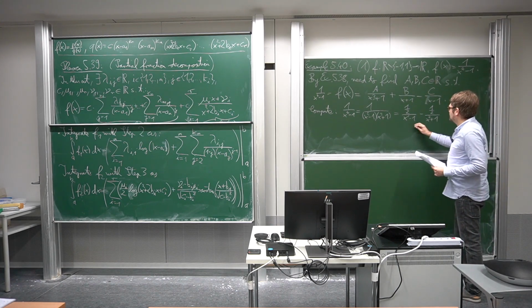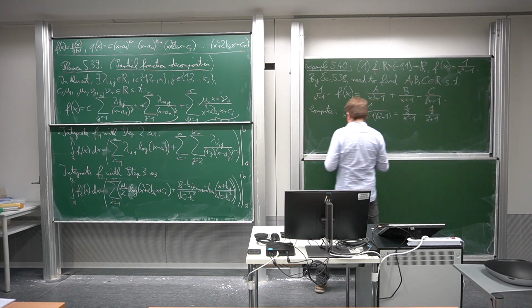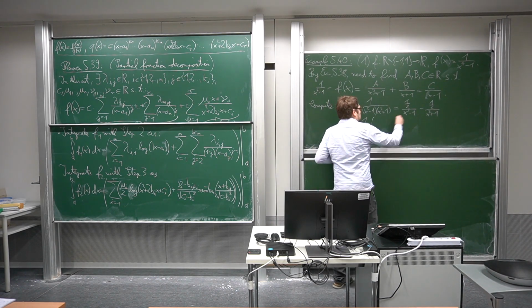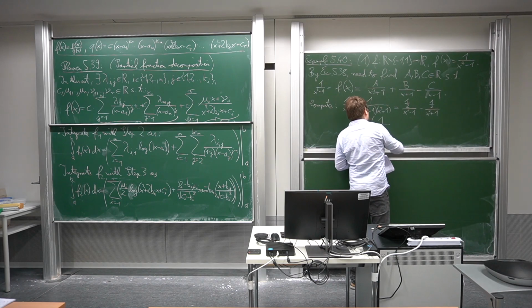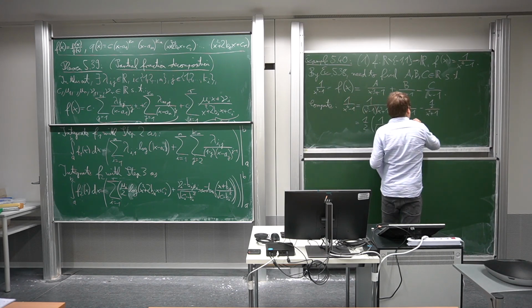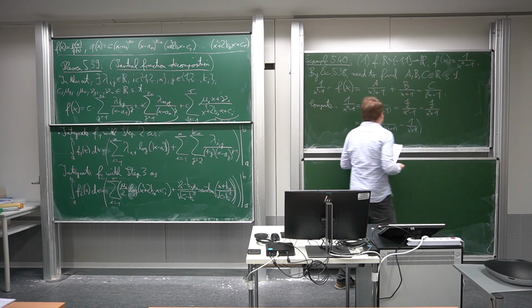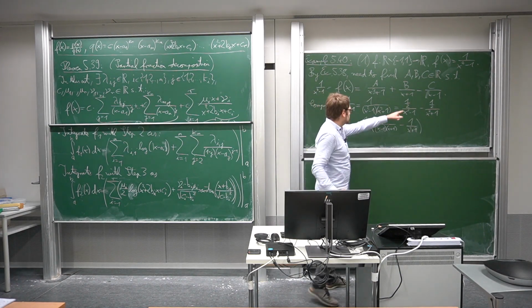And then you apply the same thing again. So this is 1 over 2, and now we have the two summands, and the first one can then be decomposed again, minus 1 over x squared plus 1. If you take a close look here, this is the same trick as we used there.